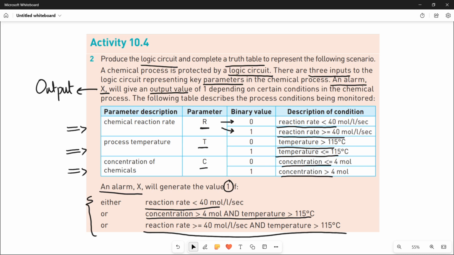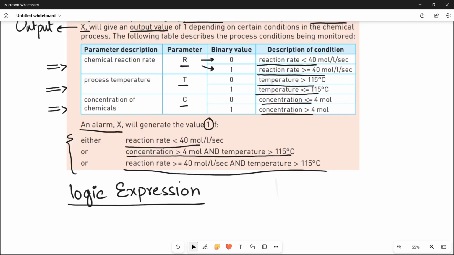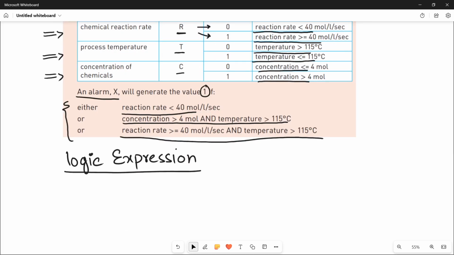So let's quickly convert all of these conditions into a logic expression. The first thing we have to do in this example is produce a logic expression out of these given conditions.